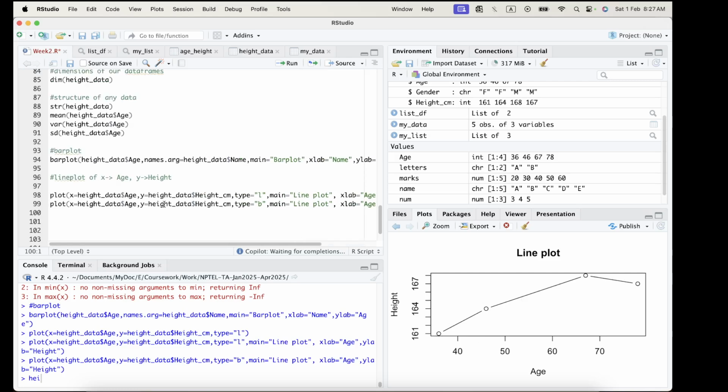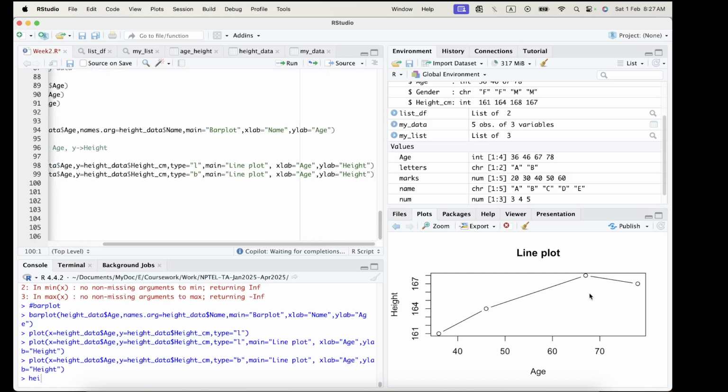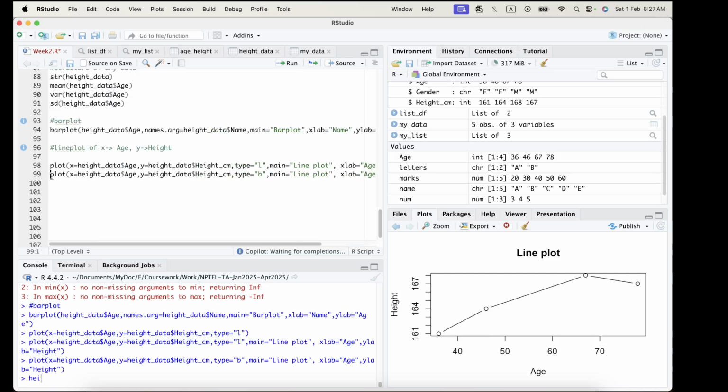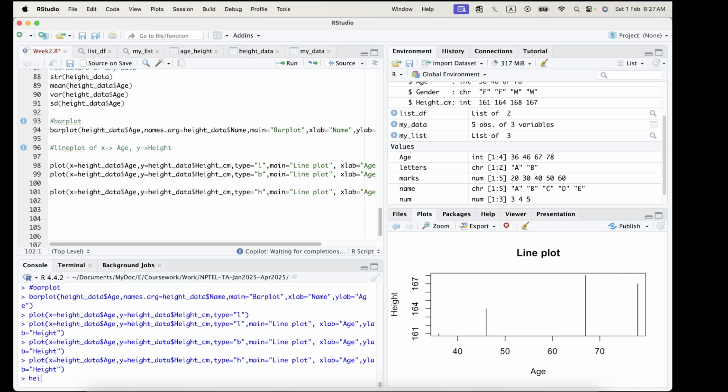Okay, now the same thing, if we want a column plot, then if we change this type to H, we are going to get this sort of a column plot.